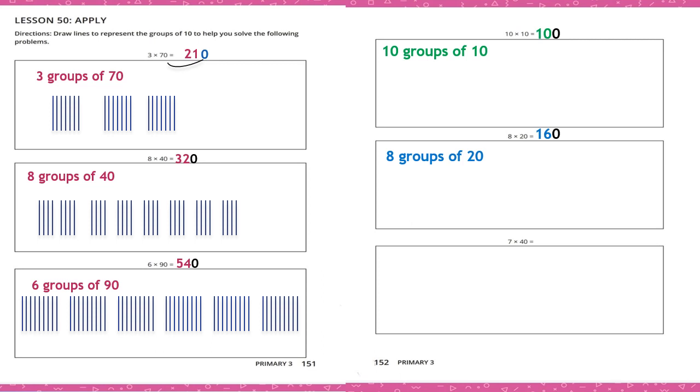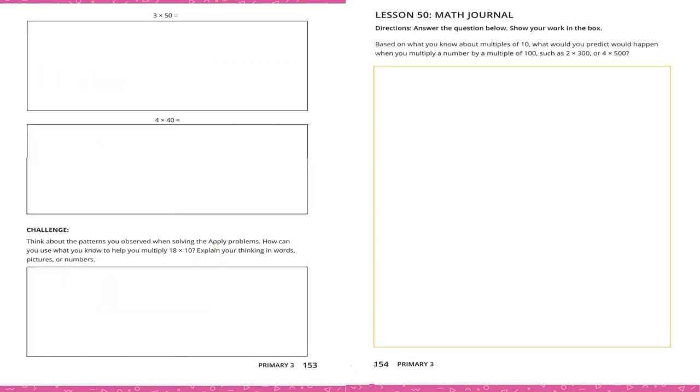The last one, 7 times 40. It means 7 groups of 40. I can take 0 out, 0 in ones, and 4 times 7 is 28. So the total will be 280. 3 times 50. I can take 0 out, and 3 times 5 is 15. So the total will be 150.